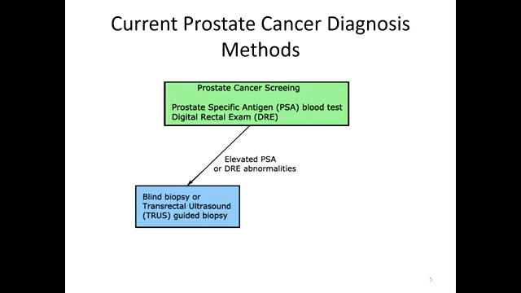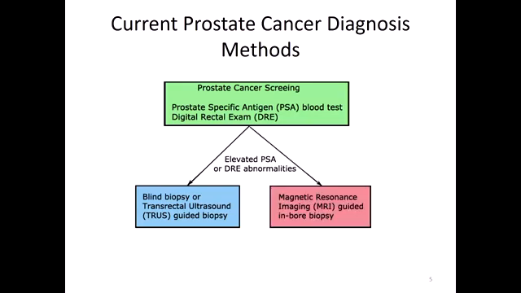Blind biopsy uses an array of 12 small needles, and it's just what it says. It's blind, they go in and hope that they find the area that would be causing the abnormalities or elevated PSA level. The TRUS-guided biopsy goes in with just the one needle because it's image-guided, and we'll take samples of the cells, and then from there, we can calculate the Gleason score and determine next steps.